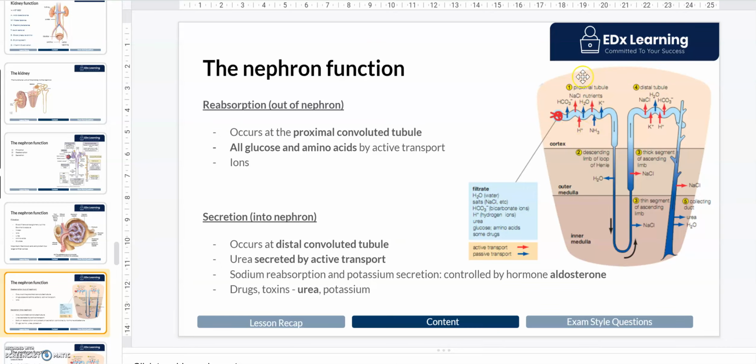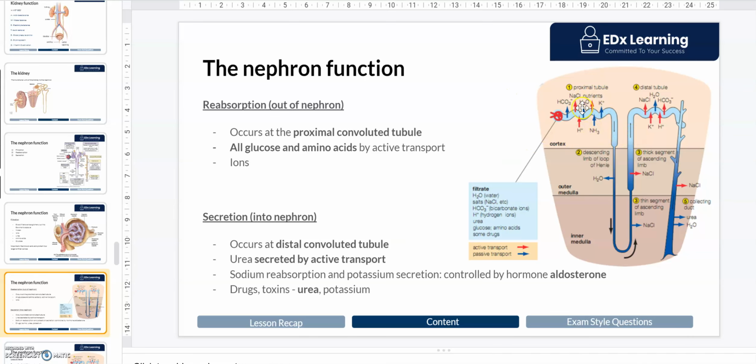So as we mentioned, reabsorption occurs here. Now, we reabsorb ions and water passively, meaning it requires no energy, and it's absorbed until there are equal concentrations both in and out of the nephron.